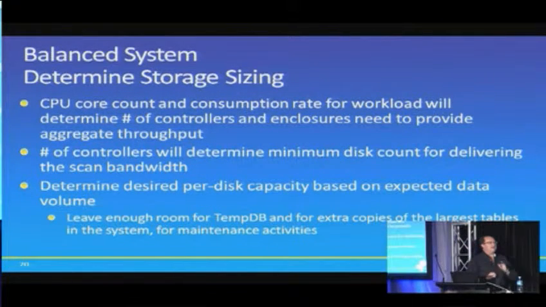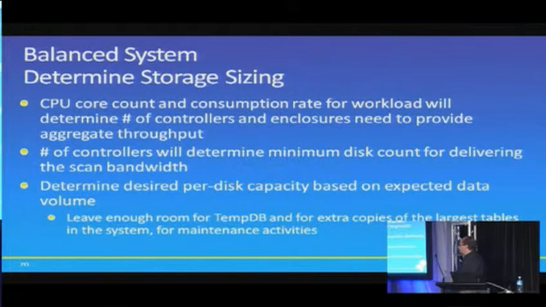So I know I can consume 800 megabytes per second. Fantastic. How many controllers can I plug on the other side to bring that in? Balanced. So the number of controllers will determine the minimum disk count for delivering the scan bandwidth. If you have 2 controllers, 3 controllers, 4 controllers, that will tell me the minimum I can have.